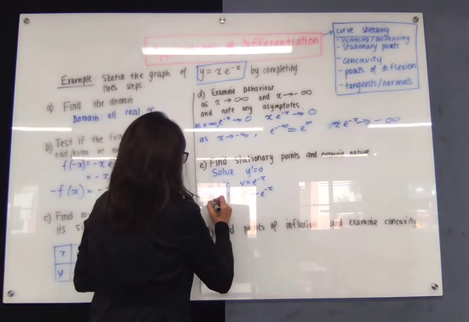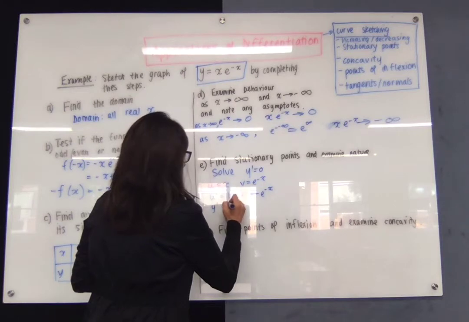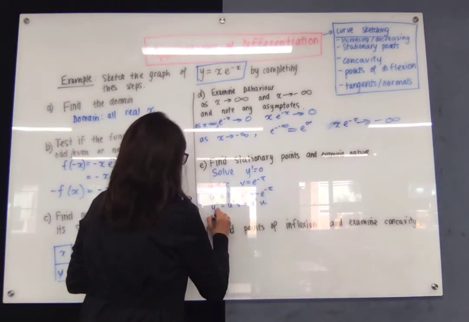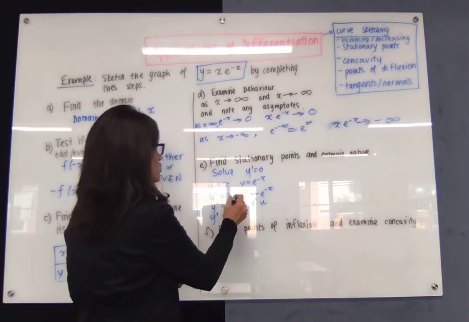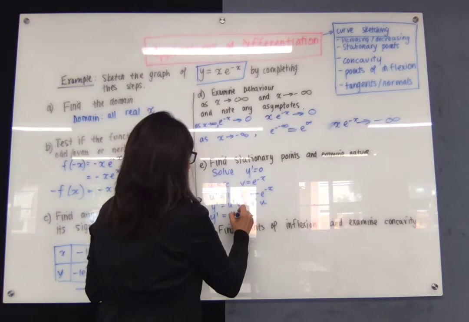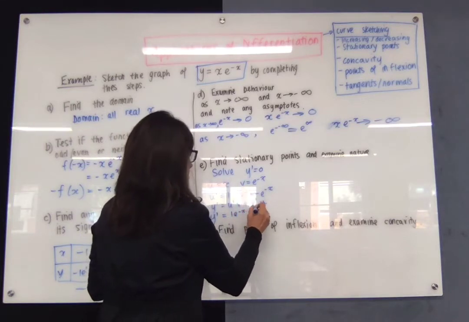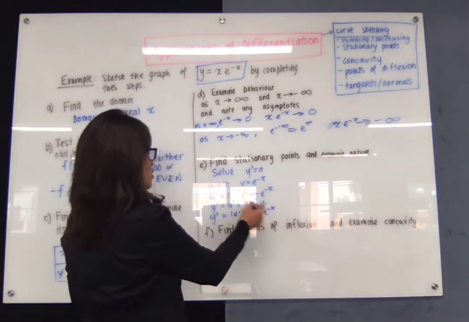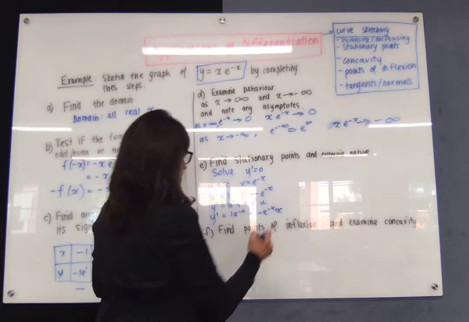Okay, now let's apply the product rule, which is y dash equals u dash v plus v dash u. So our derivative is u dash, which is 1, times v, which is e to the negative x, plus v dash, which is negative e to the negative x, times u, which is x.